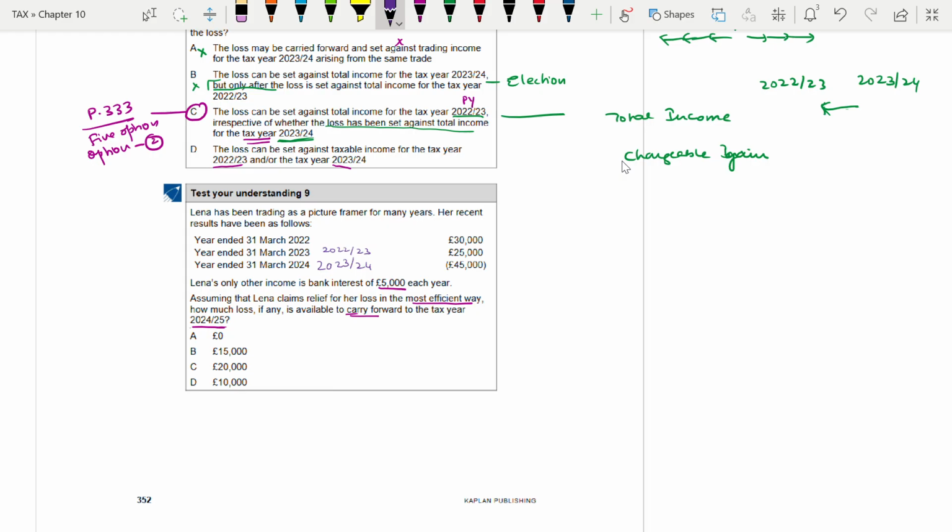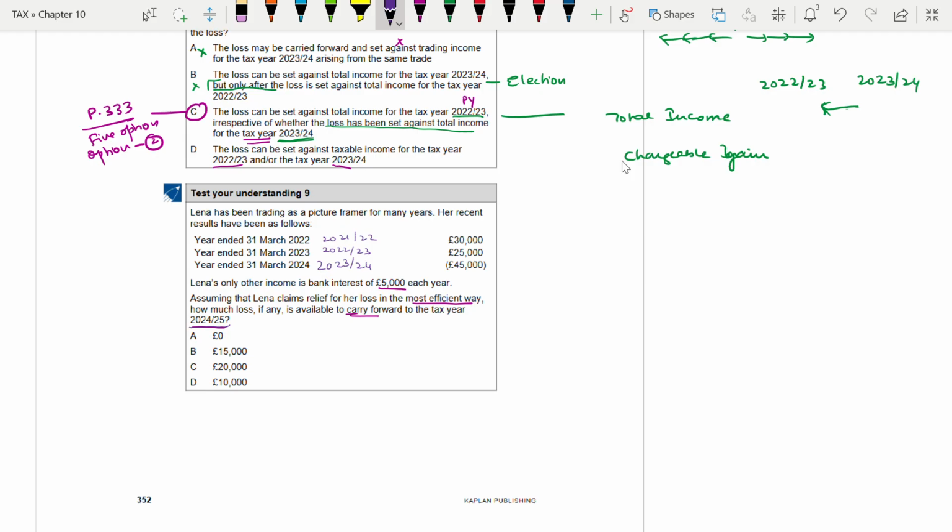They are asking only for 24-25. This is 2021-22. Next, current year, previous year.